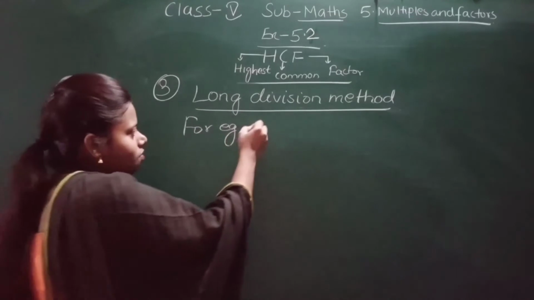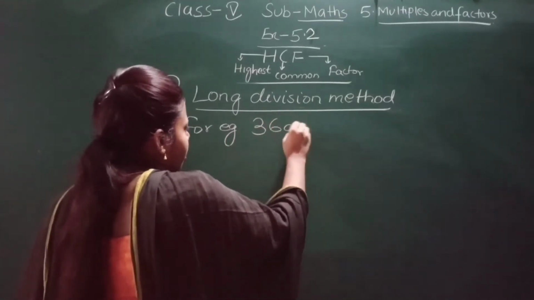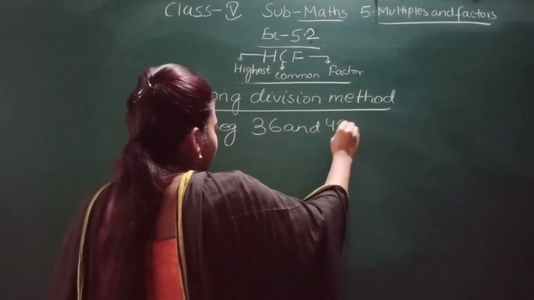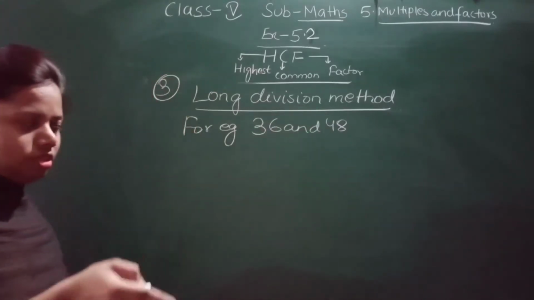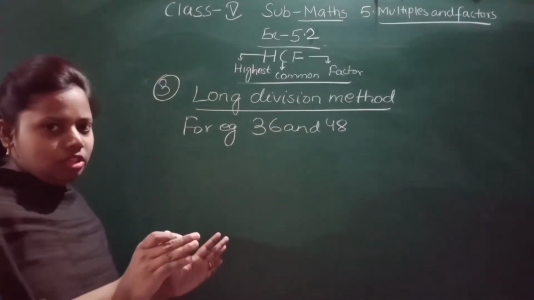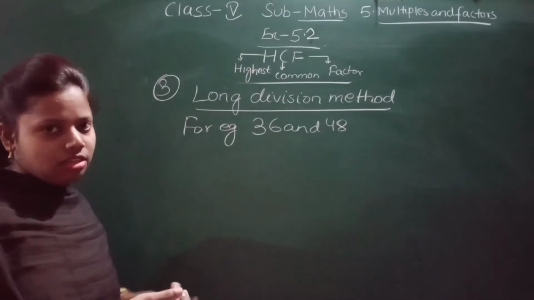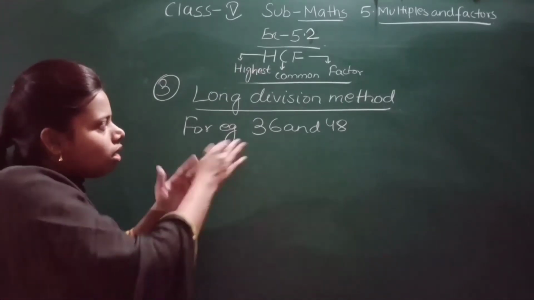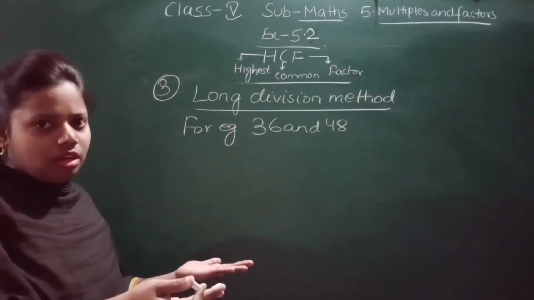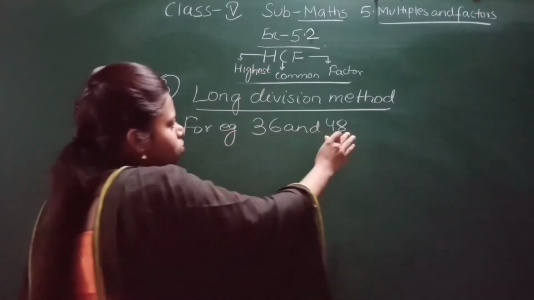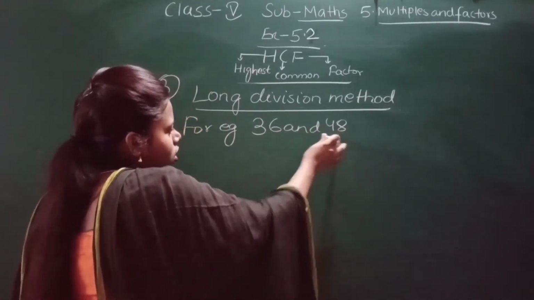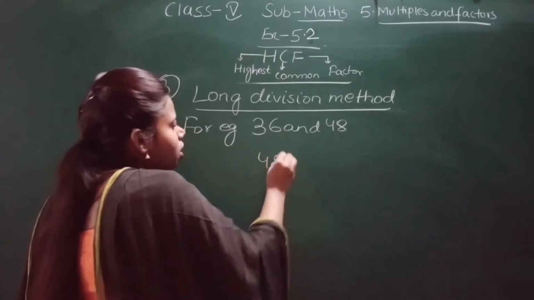So in my first case I have taken 36 and 48, and I am going to find the SCF by long division method. Now in division, there is a dividend and a divisor. So which will be your divisor and which your dividend? Which one is the biggest among these two? It is 48, so 48 will be your dividend.